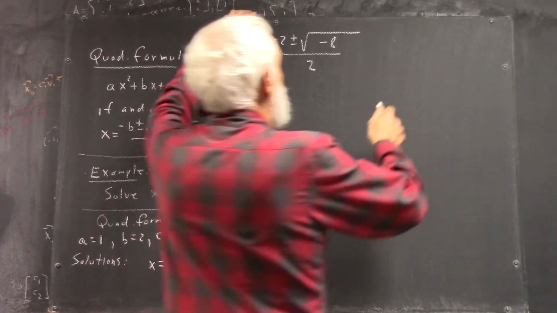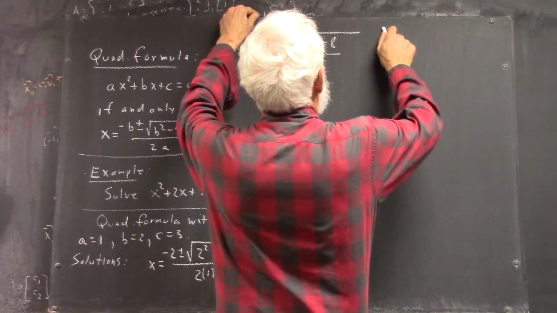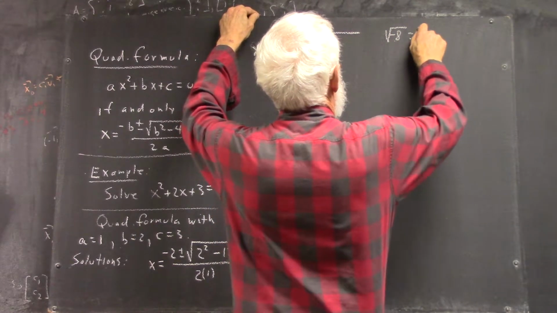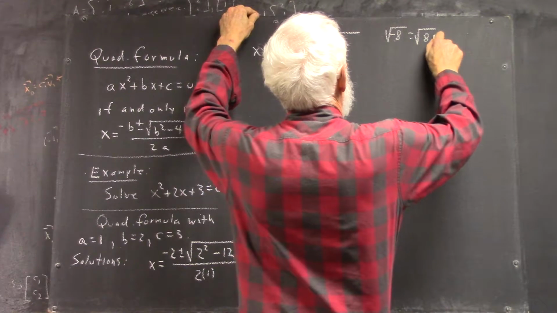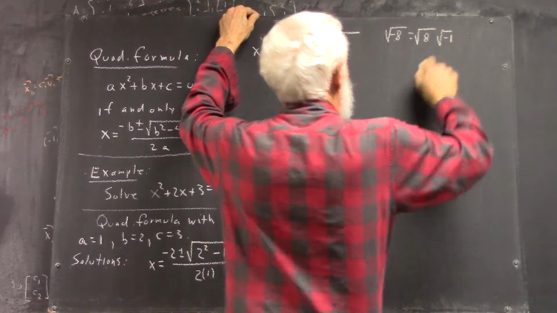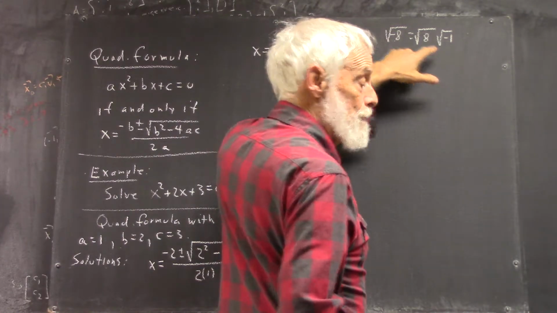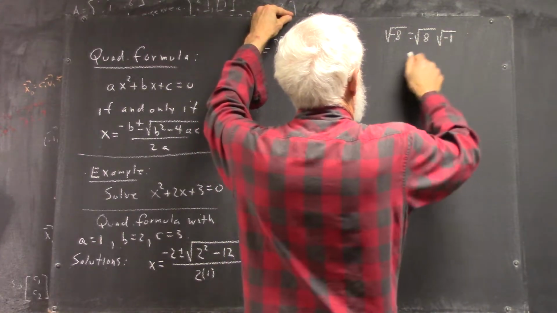Well, square root of -8 equals the square root of 8 times the square root of -1. And the square root of -1 is i. Okay? We'll get that in a minute.